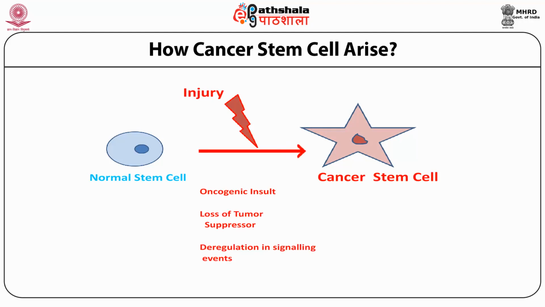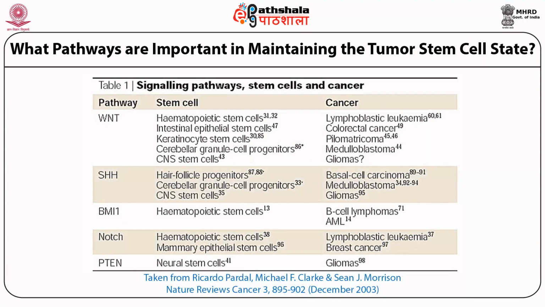Let us now understand in the next slide what different pathways exist in the origin of the cancer stem cell. It is interesting to note that the signaling pathways are important in not only maintaining a normal stem cell, however, deregulation of certain key pathways are also important for maintaining the uncontrolled proliferation of a cancer stem cell.